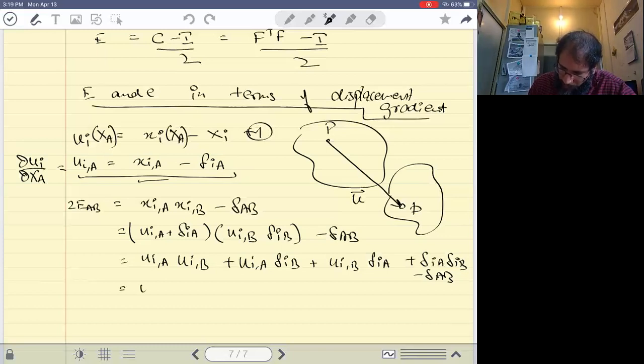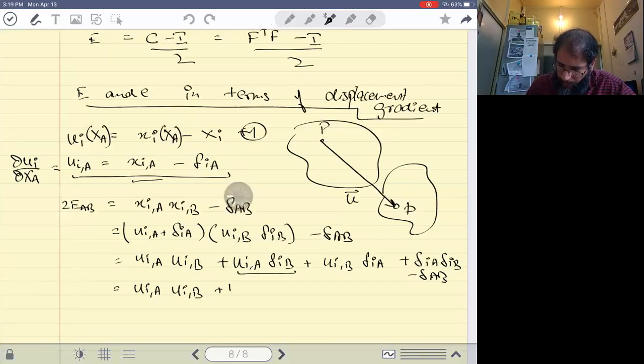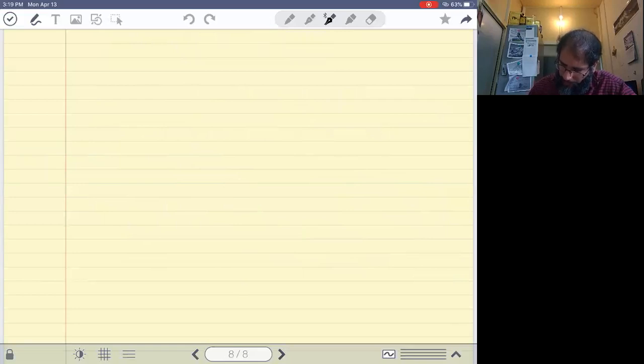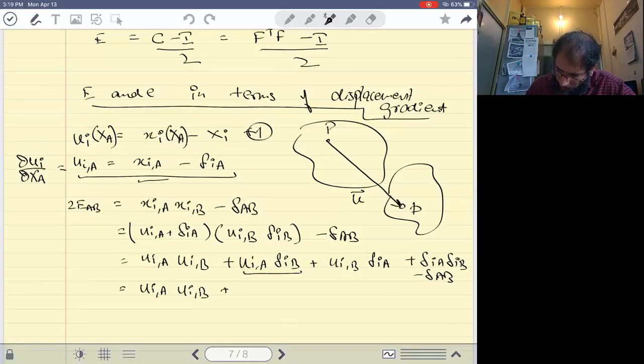Let's simplify them. For this term, we can apply the substitution property of delta, so we get u b comma a. For the next term, again applying the substitution property of delta, we get u a comma b.